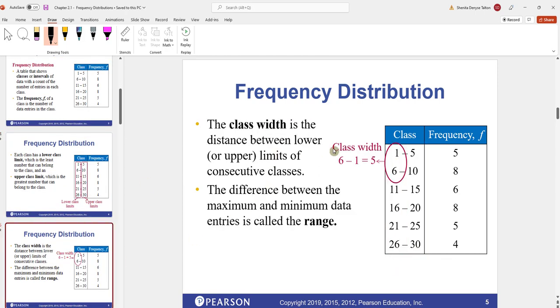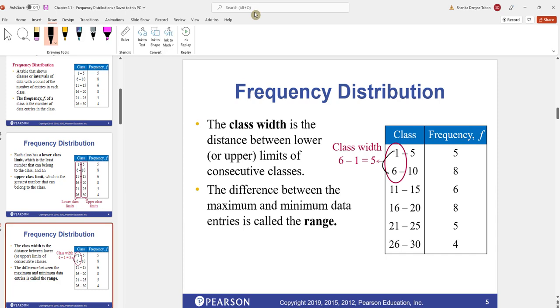The class width is the distance between lower or upper limits of consecutive classes. The difference between the maximum and minimum data entries is called the range. If you look at this frequency distribution, the class width is the difference between the lower class limits. If you go from here to here, it's 5.